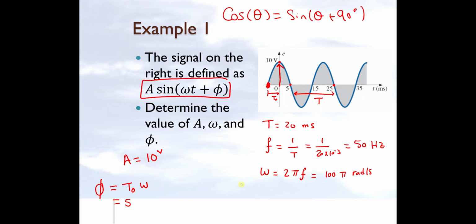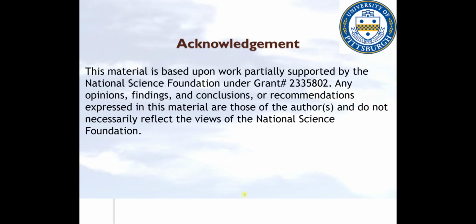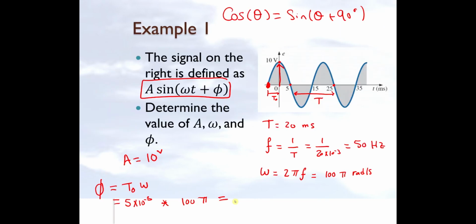This gives us 0.5 pi, which is pi over 2, and pi over 2 is 90 degrees. Okay, so this is how we solve for our sinusoid parameters: magnitude, angular frequency, and phase shift.